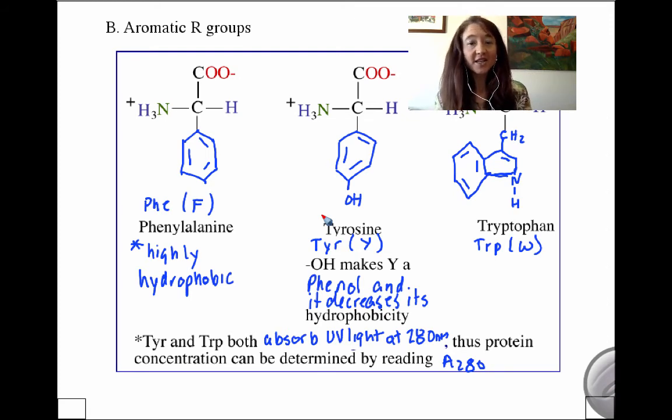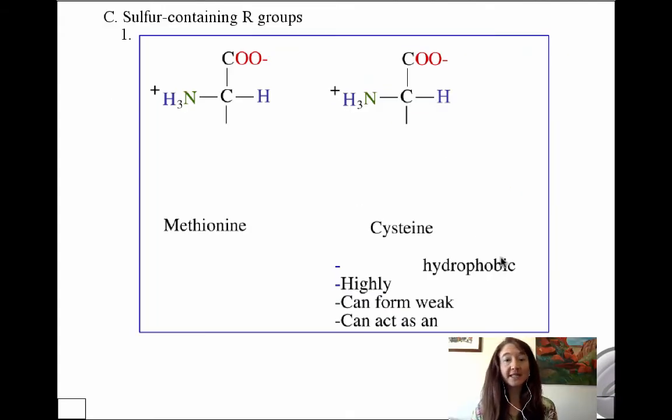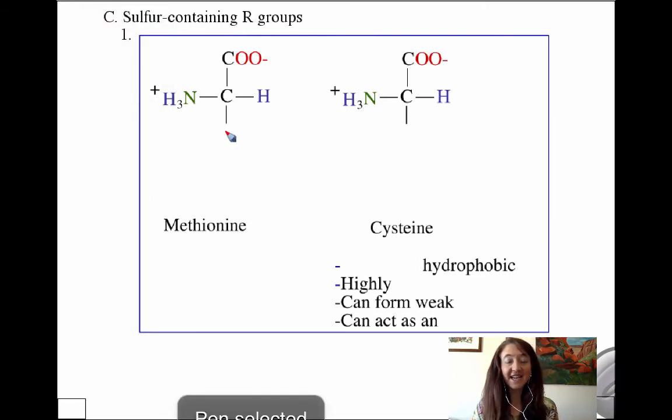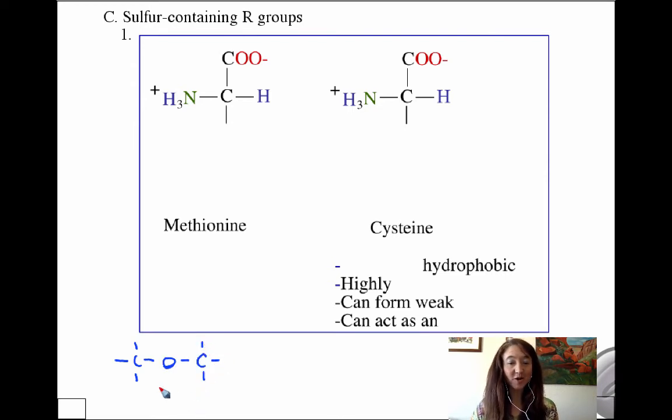We're going to turn our attention now to looking at the sulfur-containing R groups. We have some truly exceptional amino acids. Methionine is fantastic because it contains a thioether. I hope everybody has been reviewing the OChem review that I sent to you, and that you have reviewed what an ether looks like, recalling that it has this structure.